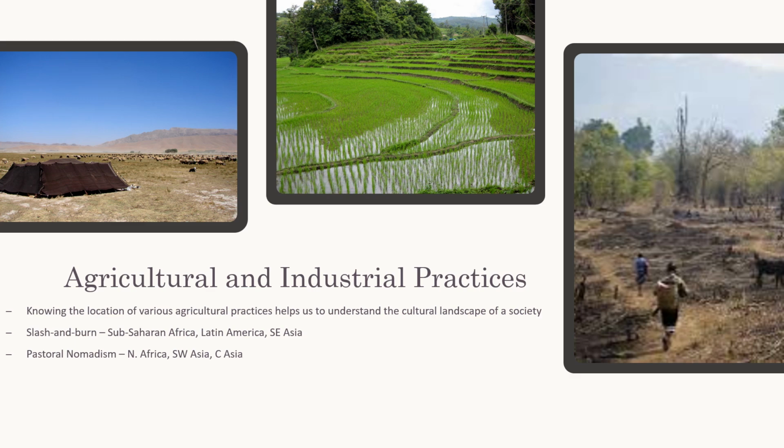Pastoral nomadism. Usually when we think about pastoral nomadism, this is our picture up here in the top left. We're thinking about individuals who are raising animals, and the animal is going to depend on where I am in the world.